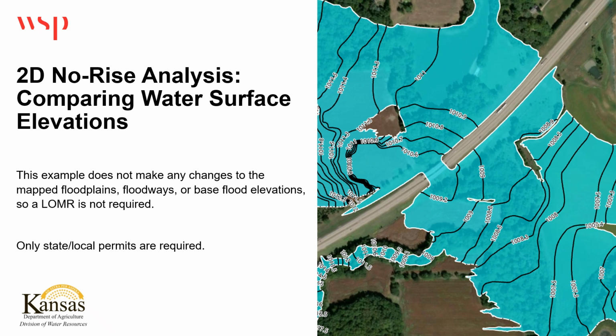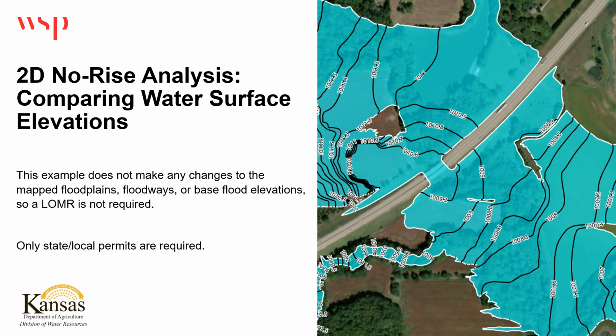So once we do that, and we know that each of our mesh cells meets the plus and minus half a foot of tolerance easily, as long as we meet the evaluation line tolerance, most likely the mesh cell tolerance is easy to meet. And with that, we're not changing any of our mapped water surface elevations.